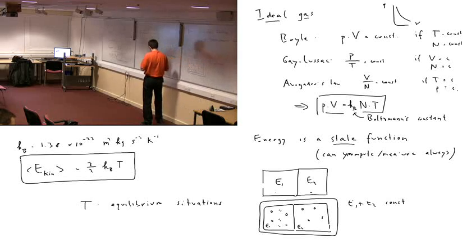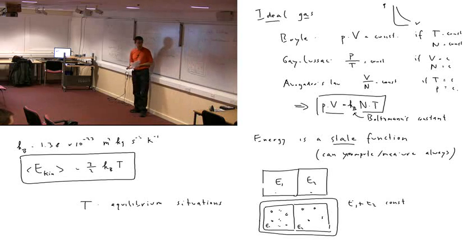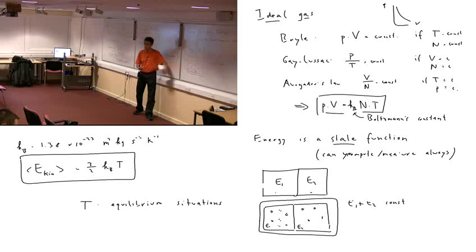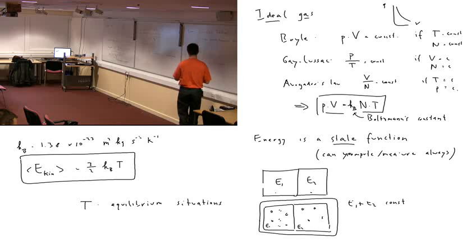Then just specifying the energy is not enough, because there are many microscopic states, many ways in which you can distribute these particles, in which you can give them velocities and positions, which are compatible with this constraint that the left-hand side has total energy E1 and the right-hand side has total energy E2.